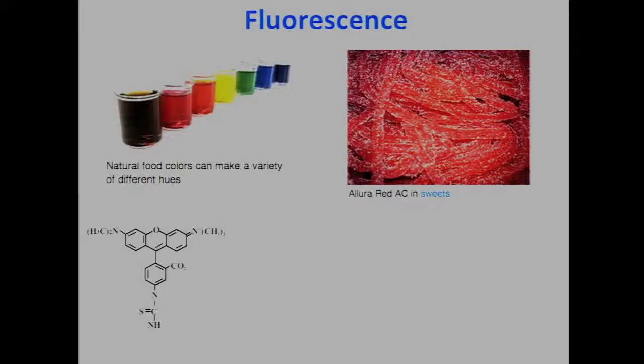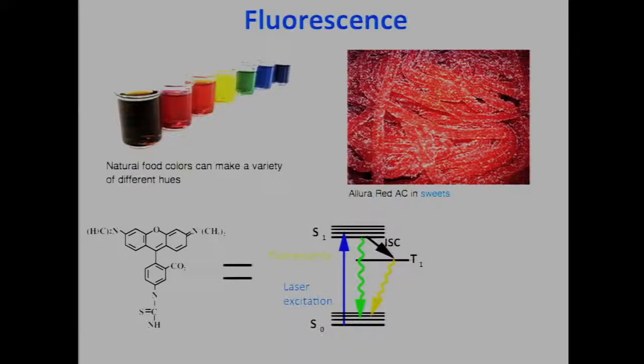These molecules are usually composed of several different benzene rings, and they have very interesting optical properties. Using quantum mechanics, we can calculate the energy levels for such molecules, and this is what is known to be the Jablonski diagram that basically represents different energy levels for such molecules.